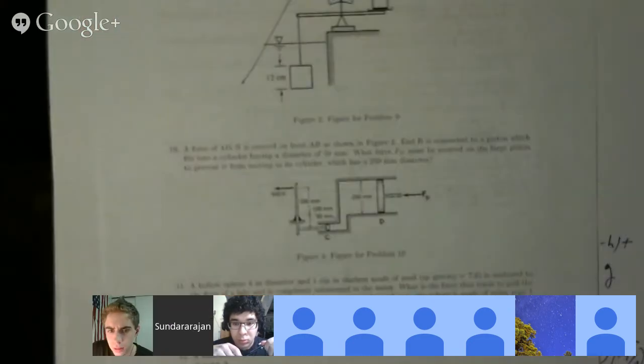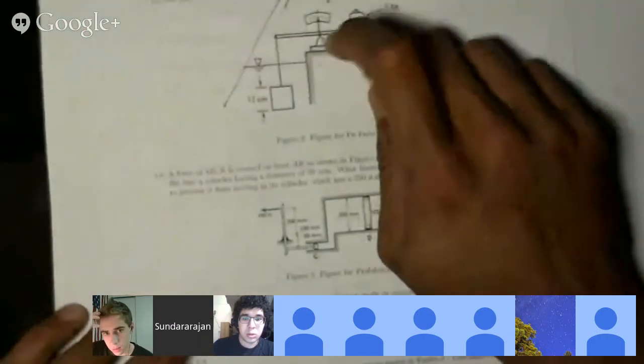Okay. For this diagram, does it apply to number 9? Which one? Figure 3? No, that's for problem 10. Yeah, I know, but is it right for the corresponding problem for figure 2? Figure two. I don't know. I think I messed up.